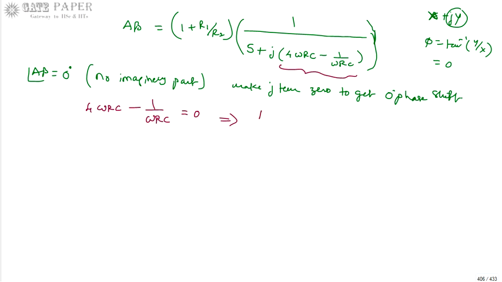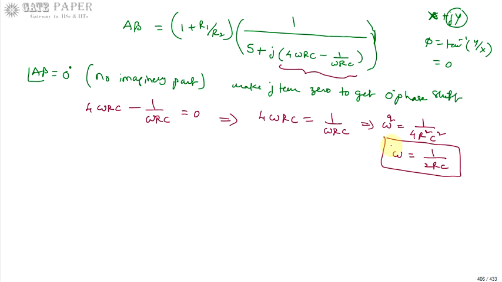So 4 omega RC is equal to 1 by omega RC. From this, omega square is equal to 1 by 4 R square C square, where you are substituting S as j omega. Taking the square root on both sides, omega is equal to 1 by 2RC. So the frequency in radians is 1 by 2RC. This is the value of frequency generated by this circuit.